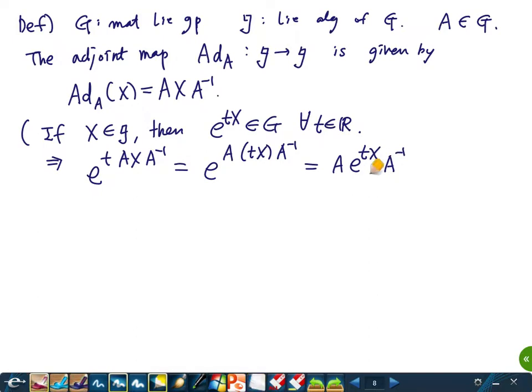Now this is in G, this is in G, this is in G. So everything is in G. So yes, for all t, this is in G. That means this part is in the Lie algebra, so it is indeed a map from the Lie algebra to itself.